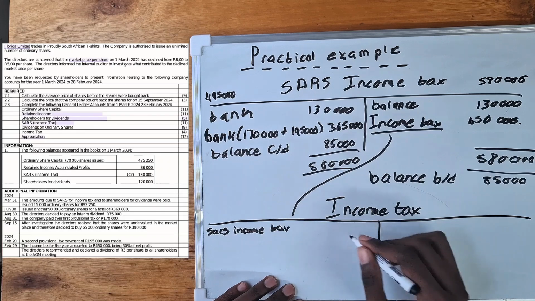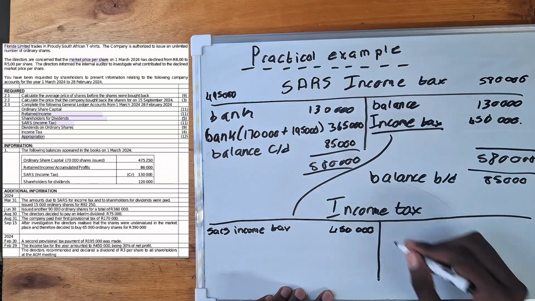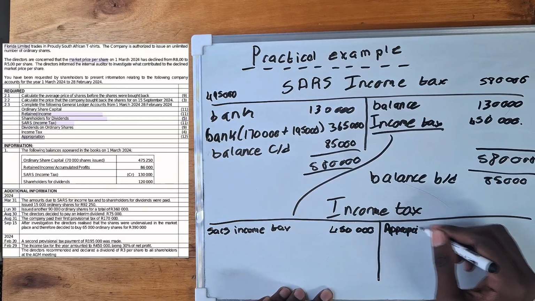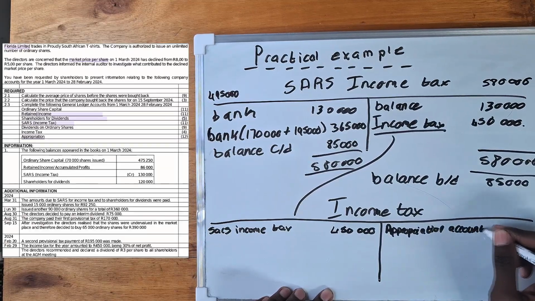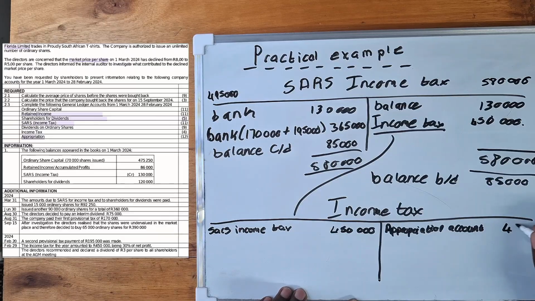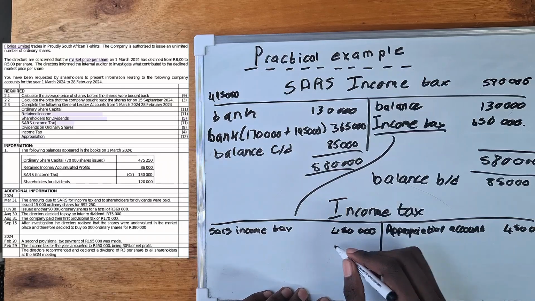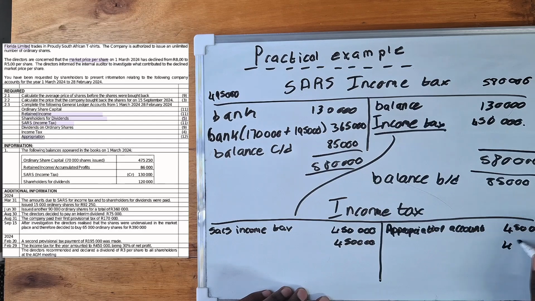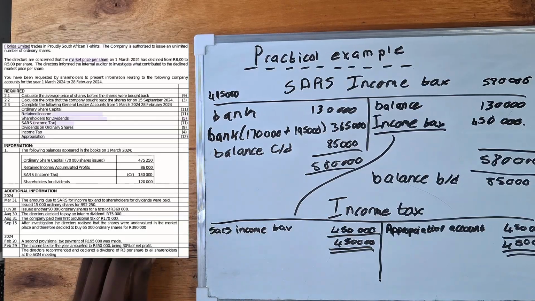Which is 450,000, right? And then we also write appropriation account here. And we write the same amount, 450,000, right? Just like that. Now for formality, you could just write it again on both sides so you can close it off like this. Just like this. And once again, you've gotten your full marks.